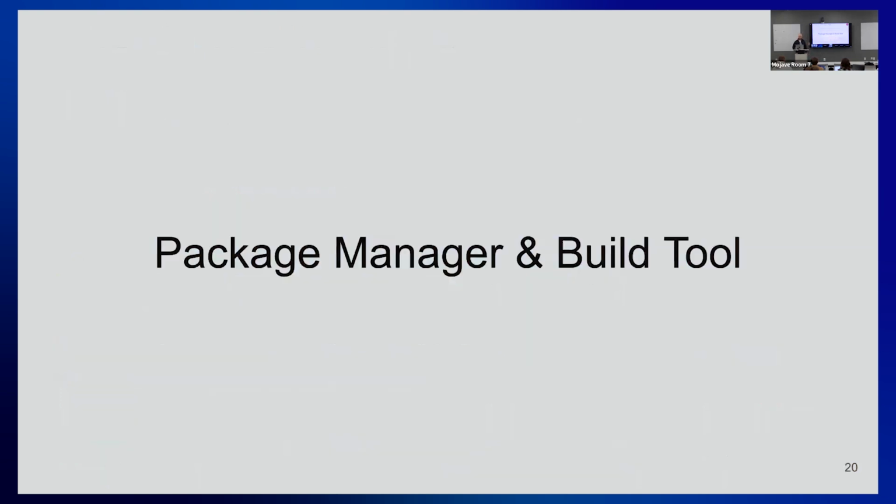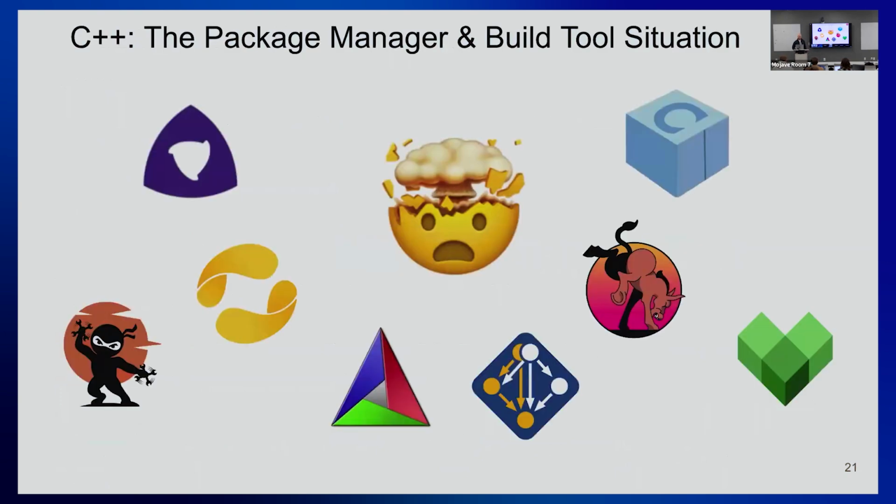Next up is the package manager and build tool situation. I feel like the situation for C++ looks like this, where there are lots of different tools that basically do the same thing. To be honest, I've used a fair number of these, but I don't know, can anybody name all of them?